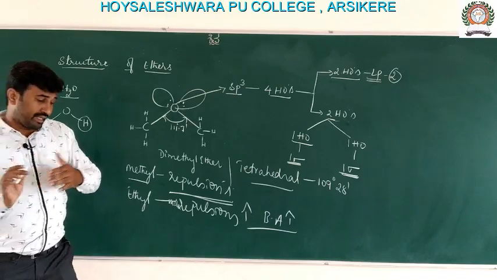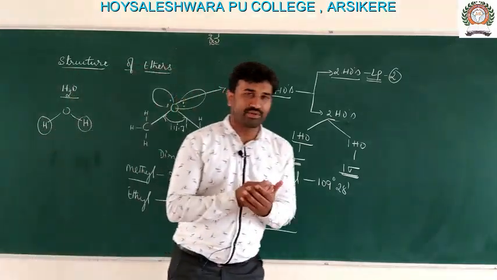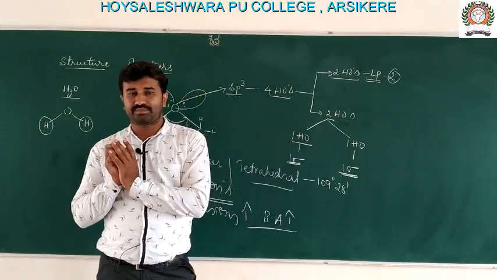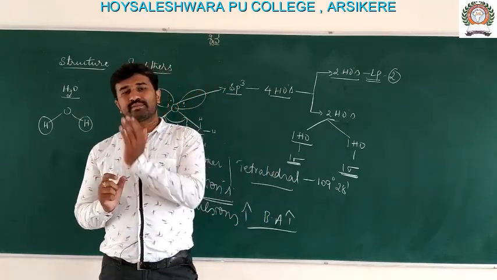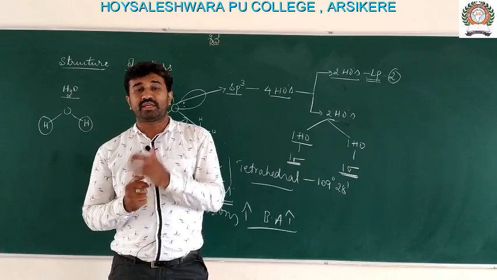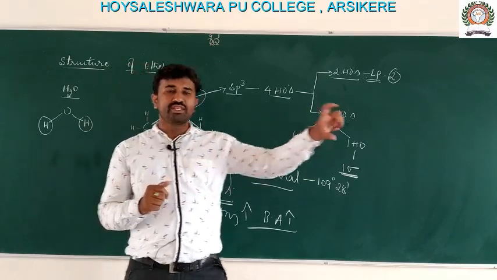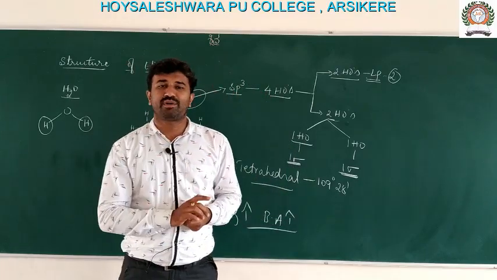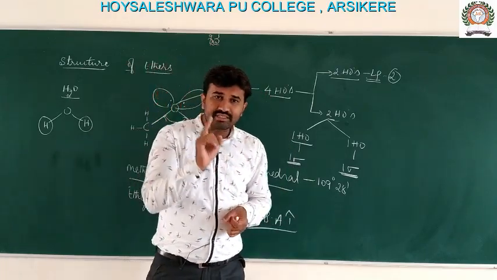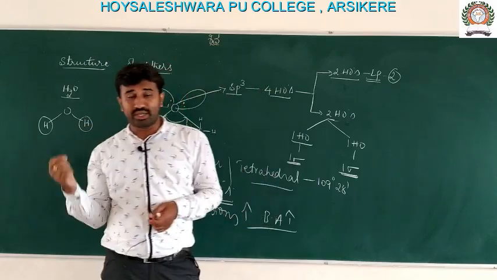Please remember, they may ask in the competitive exams, they give some ethers, that is dimethyl ether, diethyl ether, dipropyl ether, dibutyl ether. Arrange these ethers in the decreasing order of their bond angle. Remember, decreasing means from the highest to lowest.